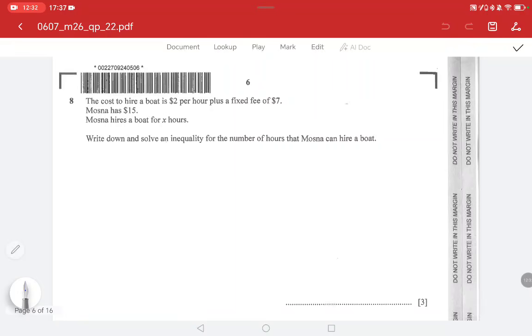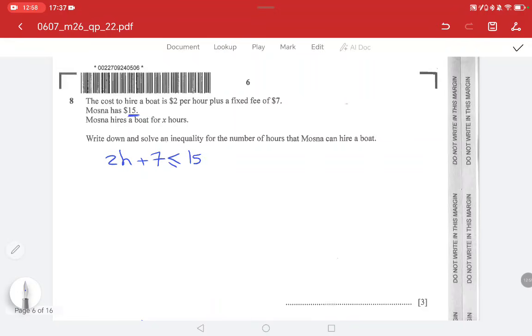They said $2 per hour, so 2H, plus a fixed fee of $7. All of this should be not more than 15, the money she has. So this is the inequality. We need to solve this inequality.